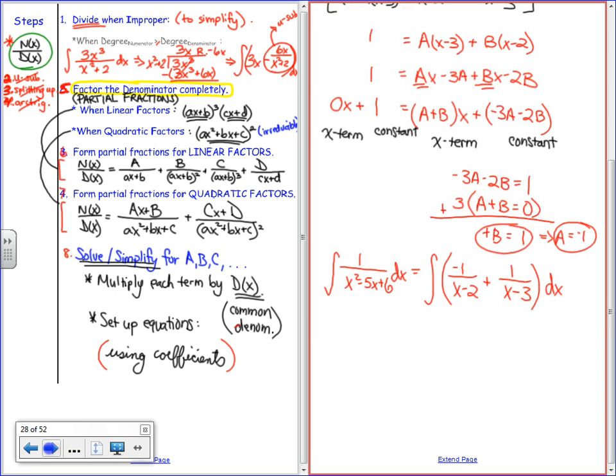Now so much easier, because then I could think about each one individually. I could set u equal to x minus 2, du is equal to 1 dx. For this one, or if I want to, I could call it v, is x minus 3, dv is equal to dx. So I have negative 1 over u, so what's my integral?